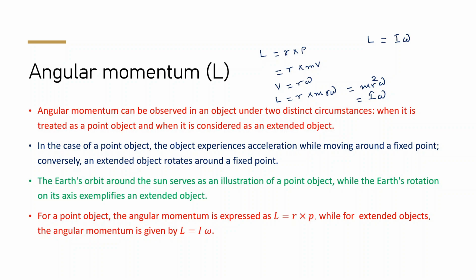But if you think about the extended object, it rotates around a fixed point. The example of point object is orbital motion of Earth around the Sun. The example of extended object is Earth's rotation on its own axis.